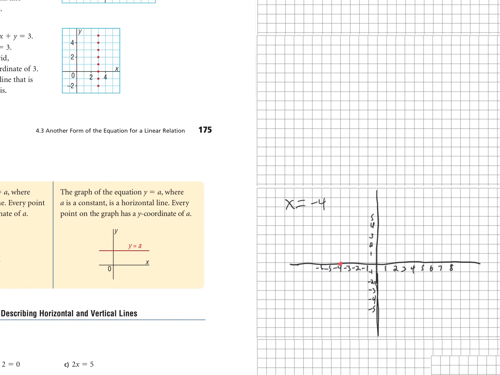Remember, this is our x-axis, this is our y-axis. So when we have x equals -4, the -4 is referring to the -4 on the x-axis, not the -4 on the y-axis. So now that we have that point, all other values where x equals -4 will be put on this line. And so on.